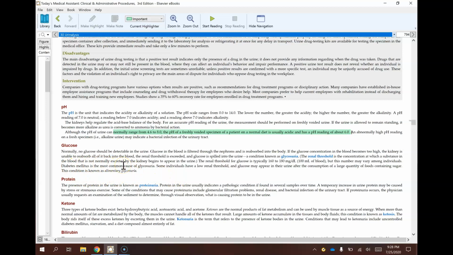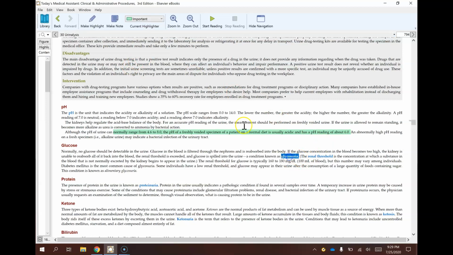Glucose in the urine should not be there. Period. Should not be there. The word for glucose in the urine is glycosuria. Glycosuria. I'm going to highlight that.